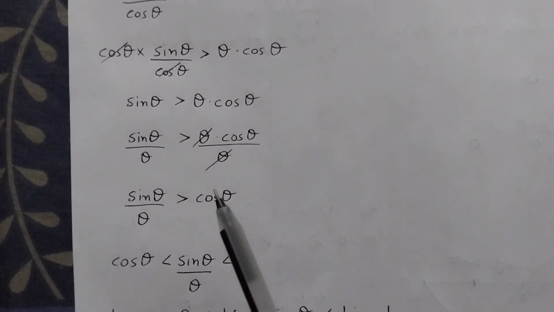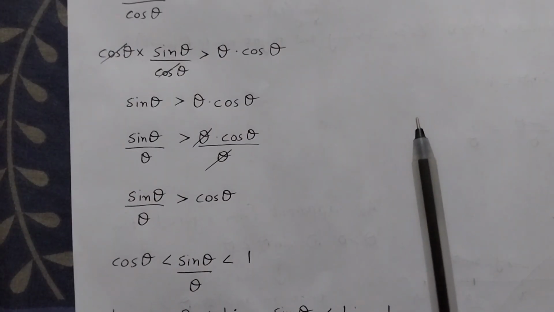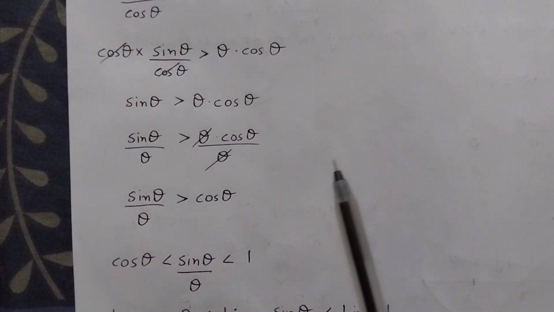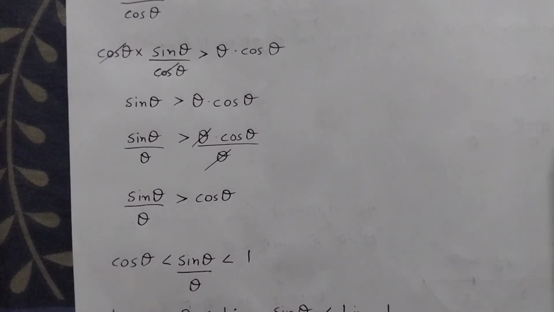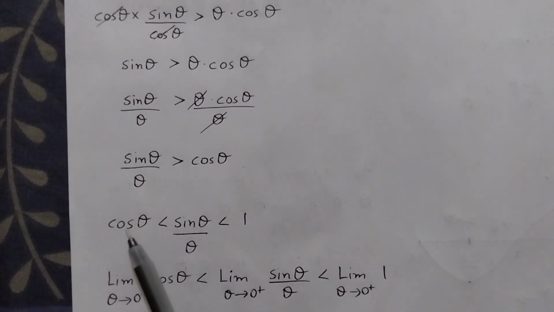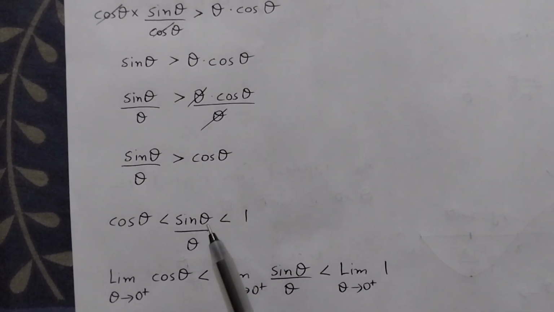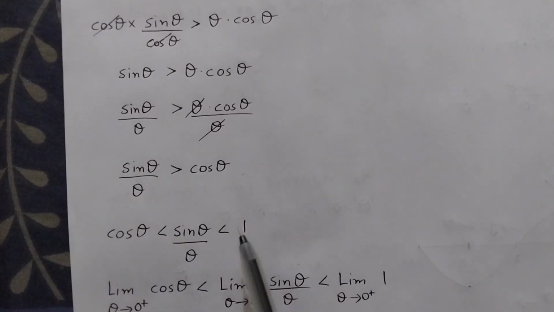And so we have now our two inequalities which we need in order to use sandwich theorem. One inequality is that sine theta over theta is greater than cos theta, and the second inequality is that for theta greater than 0, sine theta is less than theta. So the combined inequality becomes sine theta over theta is greater than cos theta and is less than 1.